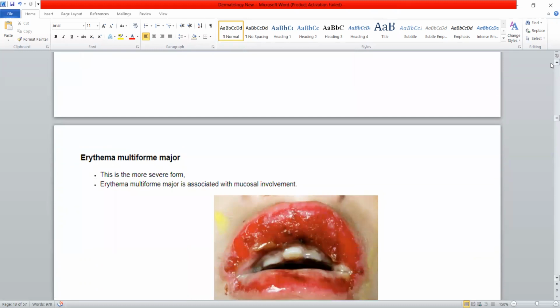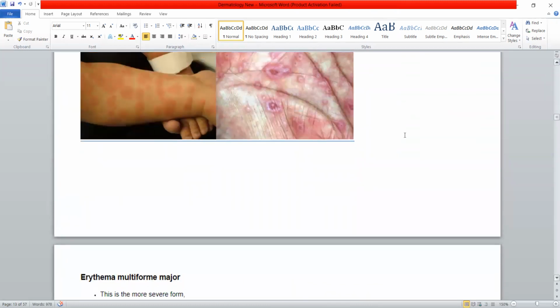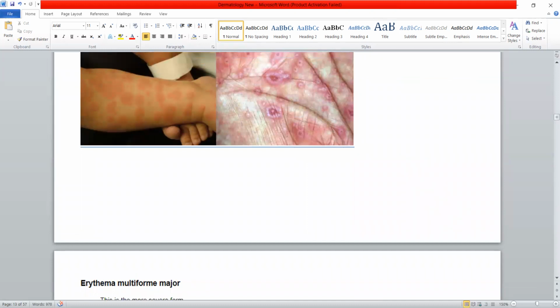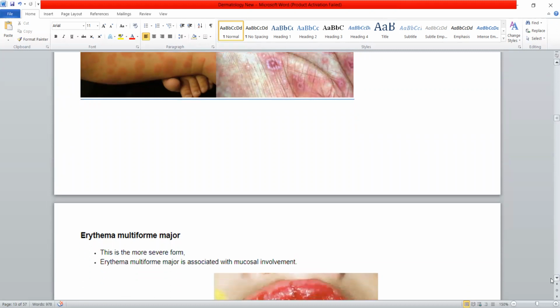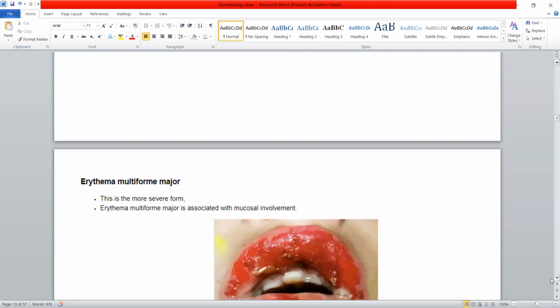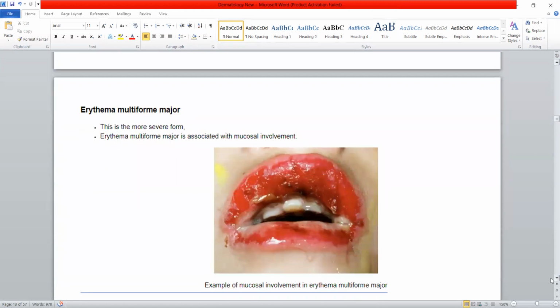If there is involvement of skin only, then it is known as erythema multiforme minor. And if mucous membranes are involved, then it is known as erythema multiforme major.